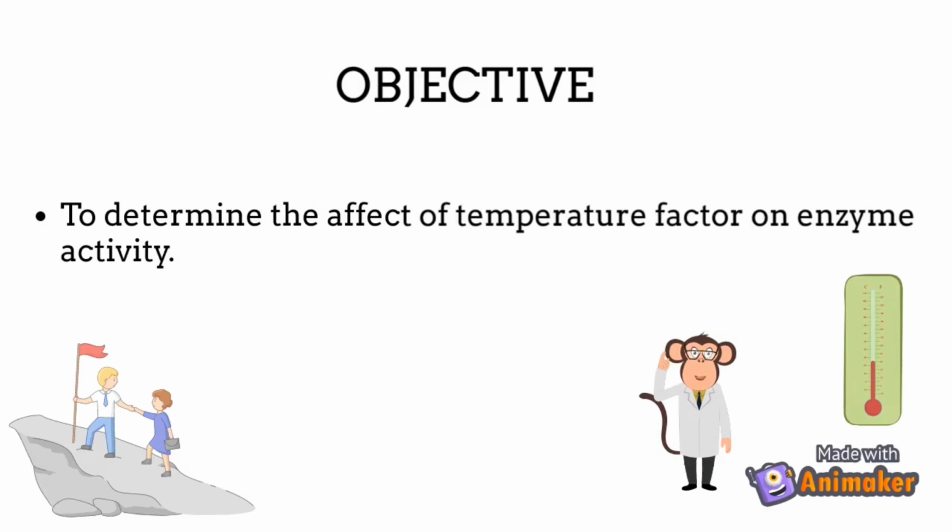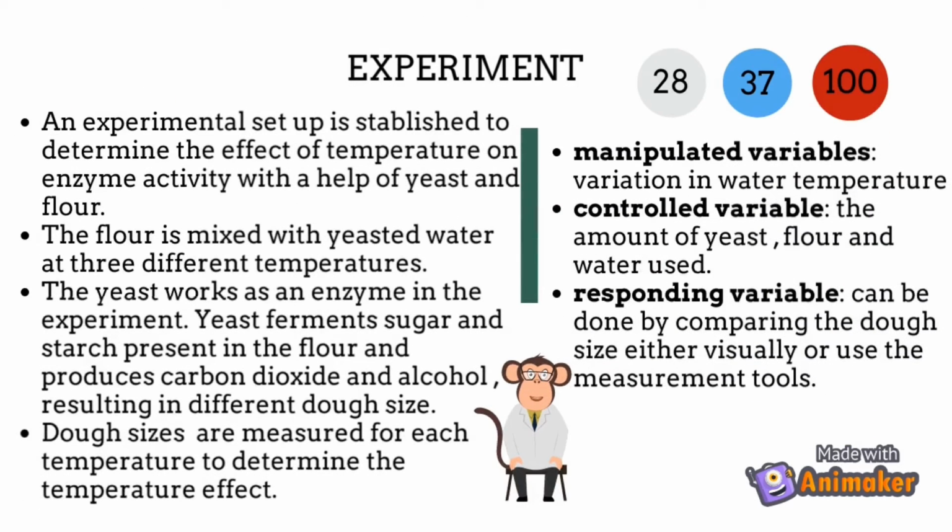The objective of our experiment is to determine the effect of the temperature factor on the enzyme's activity. In this experiment, we will be measuring the enzyme activity at 3 different temperatures. To do this, an experimental setup is established with the help of yeast and flour.